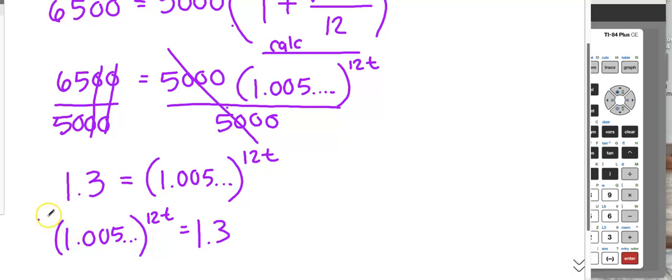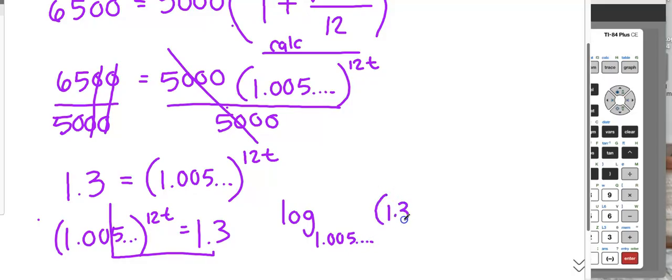But if I turn this into a log, it'd be log base this of this. So log base 1.005 of 1.3 equals your exponent.